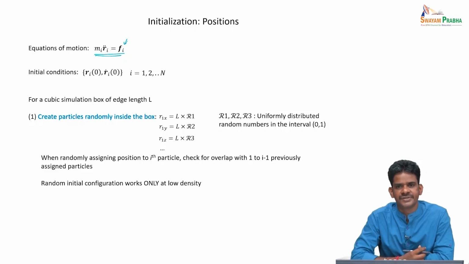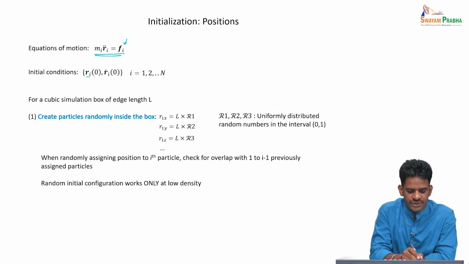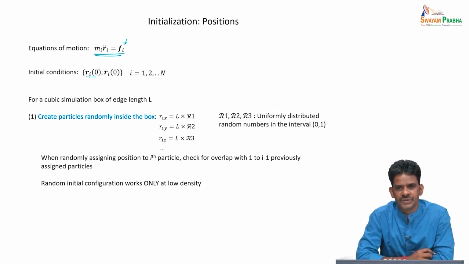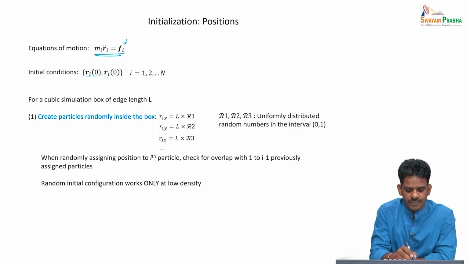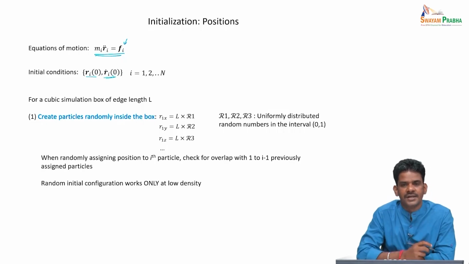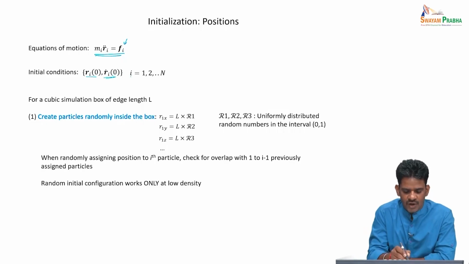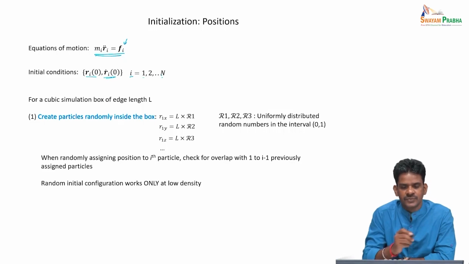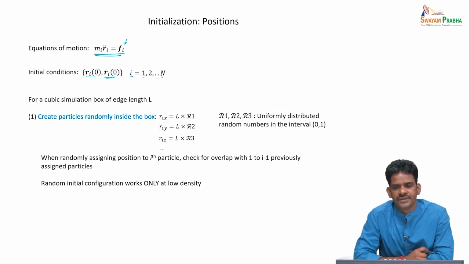In order to solve this second order ODE for each particle, we need a set of initial conditions, namely the position of all the particles at time t equal to 0 and the first derivative of the position, which is the velocity at time t equal to 0, for all particles 1 to N.